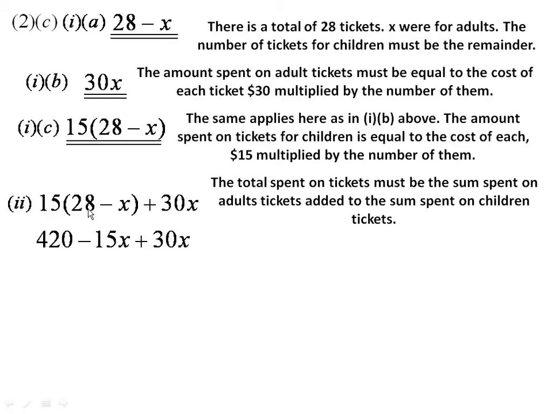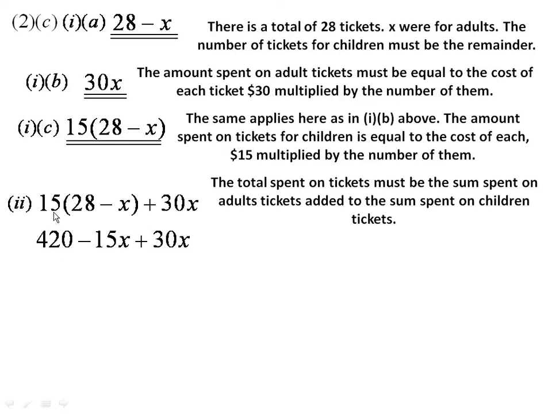When I'm required to do something like that, I can do it mentally. I usually treat 15 as 1.5. So we say 1.5 times 28. 28 is 28. A half of 28 is 14. 28 plus 14 is 42. But do not forget that it is not multiplied by 1.5, it is multiplied by 15. Therefore, it is not 42 but 420.